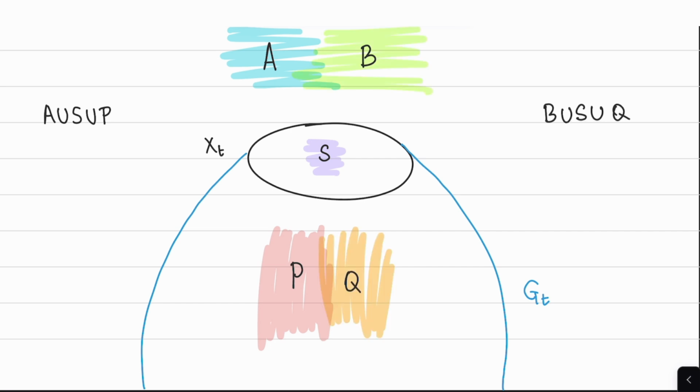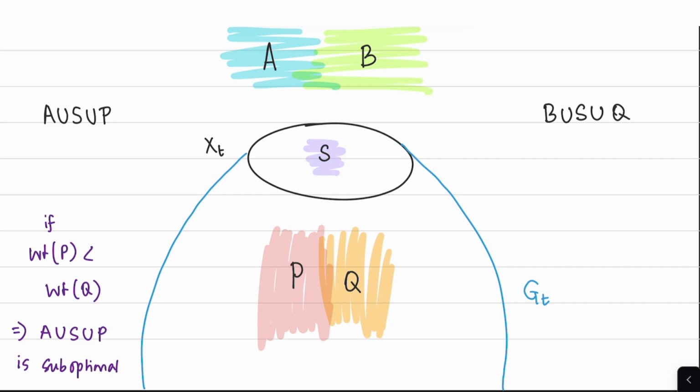And similarly, let's say we have another one that also happens to coincide with the first independent set on XT. So from XT, it also chooses to pick exactly S. From inside GT, this one picks Q. And from outside of GT, it picks B. So we have two independent sets. A union S union P is the first one, and B union S union Q is the other one.